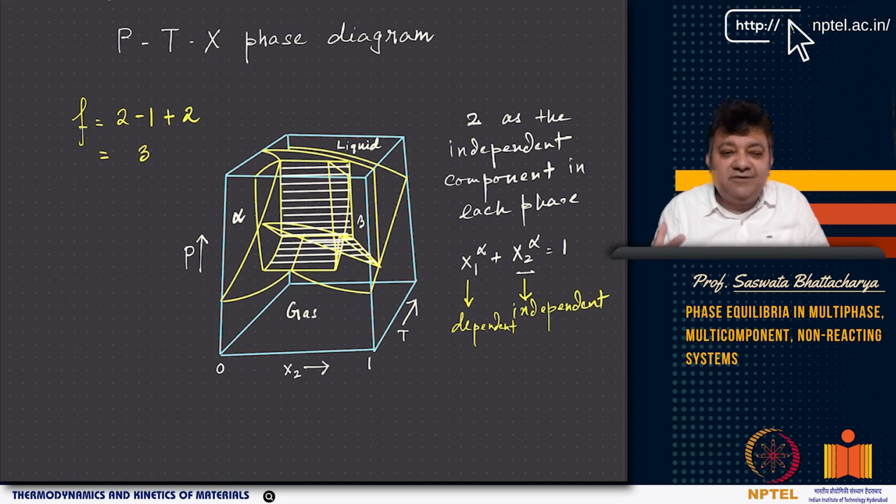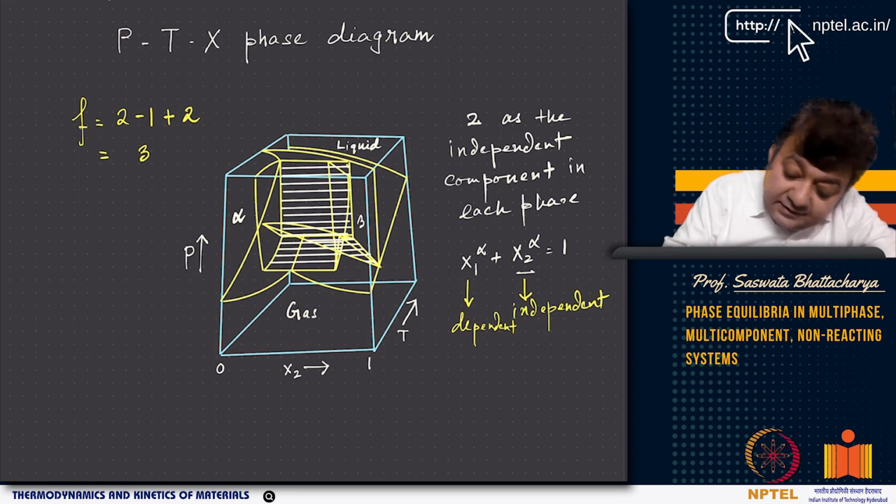That means this alpha phase field in this PTX diagram is represented as a volume, right? It is like alpha occupies some space, and in this volume you can specify all three: pressure, temperature, and composition. However, when you go to a phase boundary, meaning alpha beta coexistence, immediately the degrees of freedom reduces to 2.